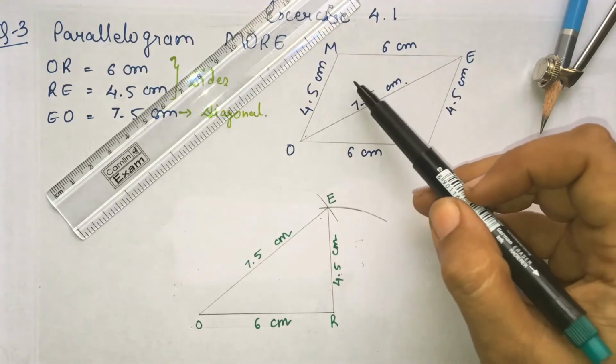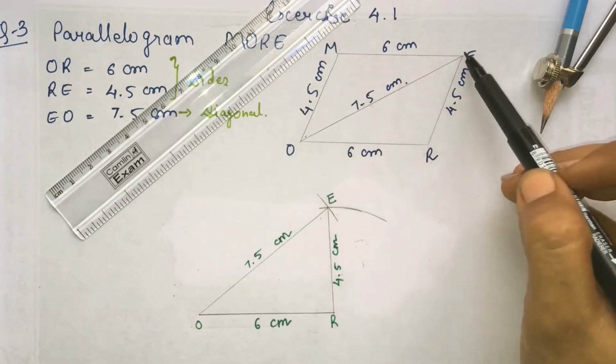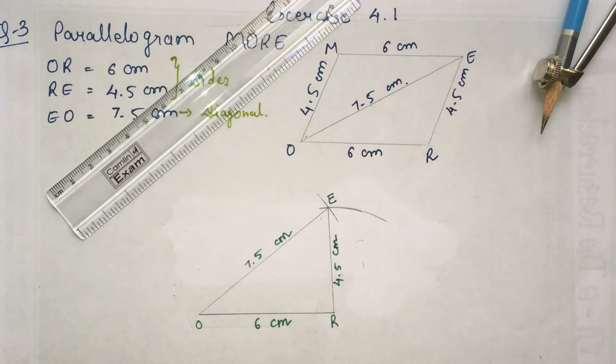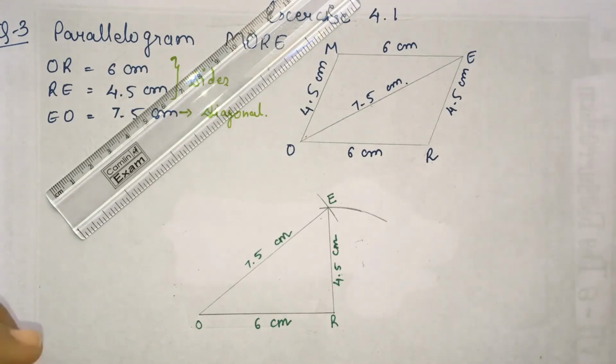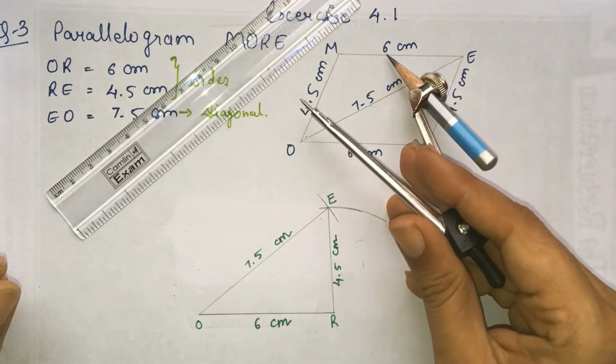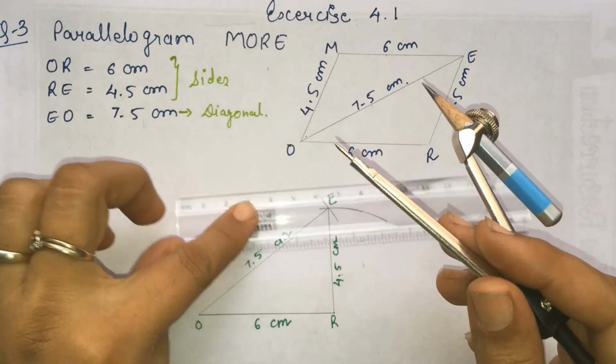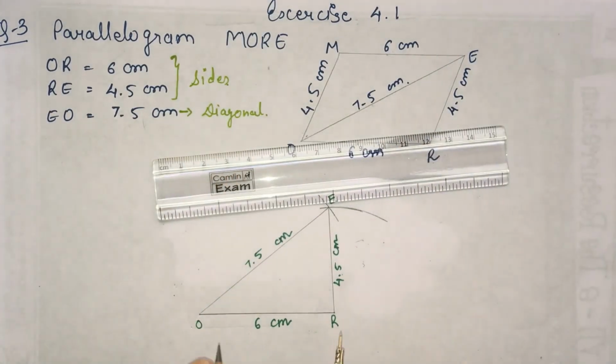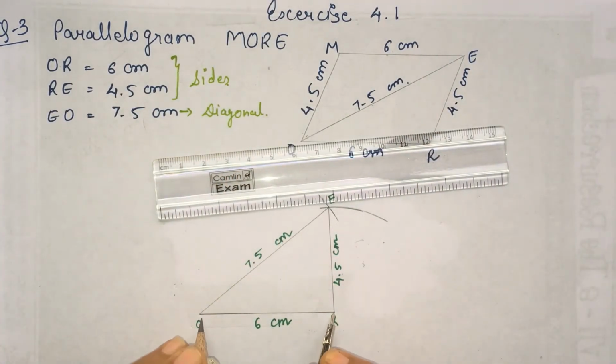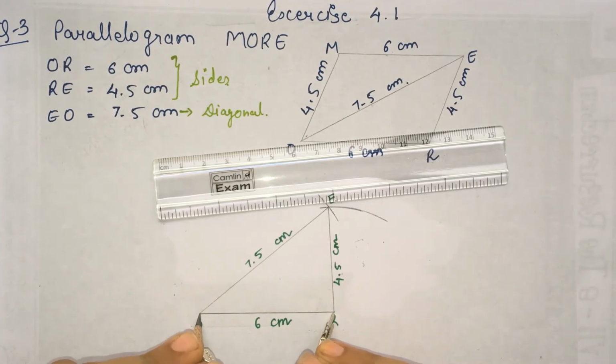Now we have to go for this one, MOE. For that, again we will take a radius of 6 centimeter. Now for taking radius of 6 centimeter, you can use the scale. Also you can directly take from here, because this we have already drawn over here with 6 centimeter.